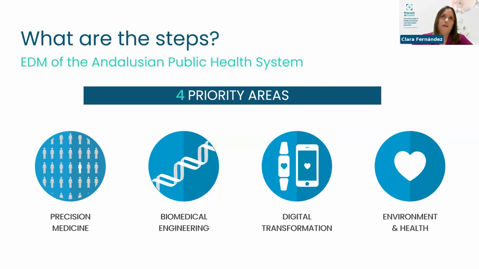These are the 4 priority areas that our system has established as the focus of every activity, action, and step of this EDM, early demand map. Maybe next year, the next round of this early demand map could have different priority areas, or the same ones. But in this exercise, we are going to focus on these 4 priority areas.